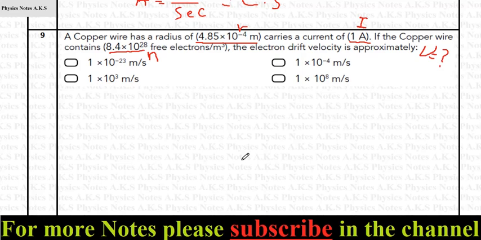First of all, I need to find the area, because they gave me the radius. But before we find the area, let me remind you of the formula of the drift speed, which is V equals I, which is the current, divided by the number density multiplied by the area multiplied by the charge of one electron.